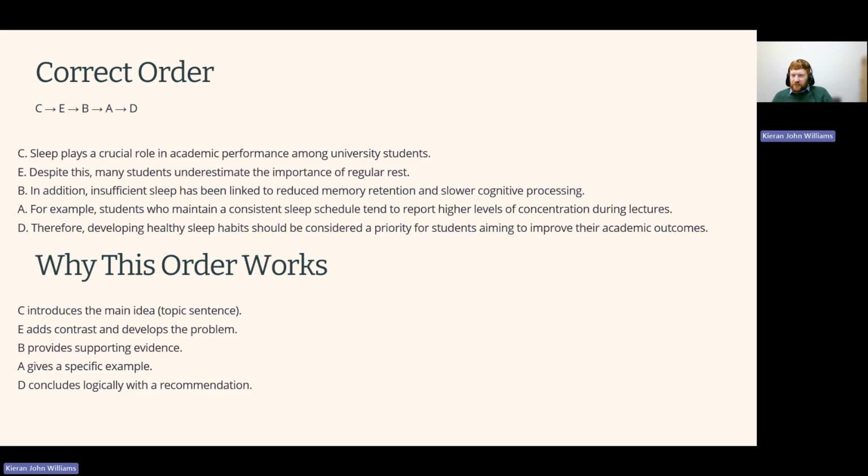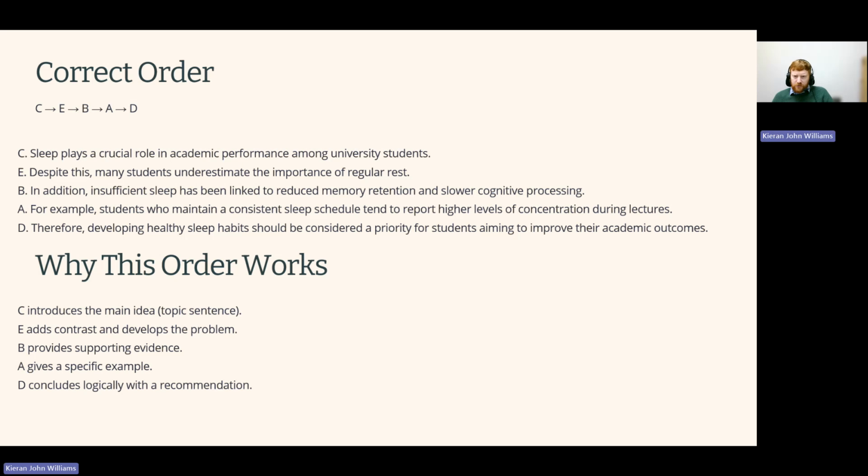It also provides some supporting evidence, gives an example, and then finishes with a logical conclusion. Now, this structure reflects effective academic paragraph development. Every paragraph in any kind of writing in academia usually follows this specific order.